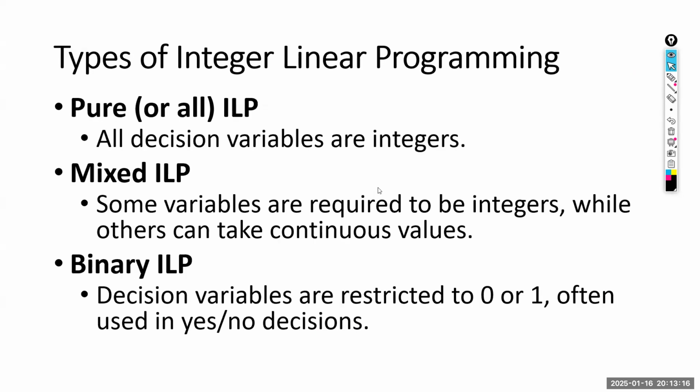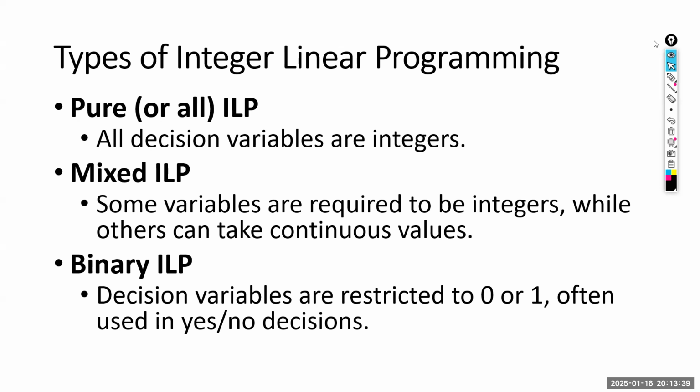Now we can subdivide this into three categories also. Pure integer linear programming question, that is all decision variables are integers. Mixed one, that is some variables are integers, some are not integers. It can be decimal. A binary ILP is a very special case.